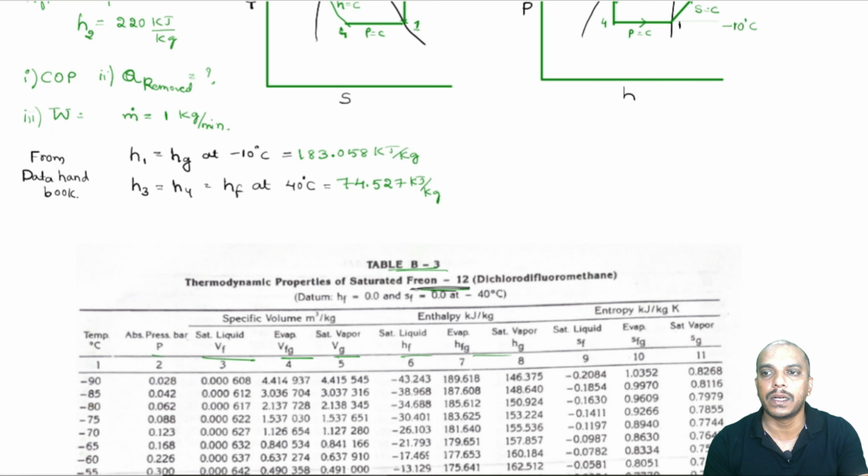I think now we are ready to go for COP. COP is equal to desired output by input. Desired in a refrigeration is heat to be removed divided by the work which we are supplying.